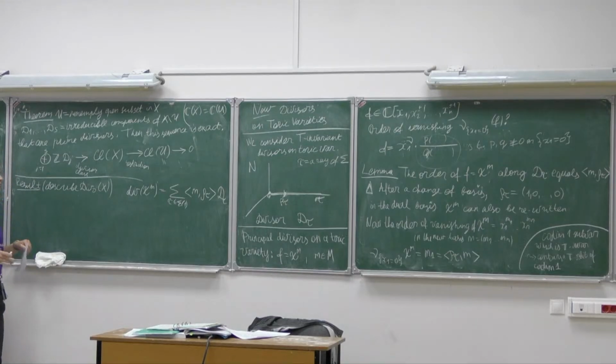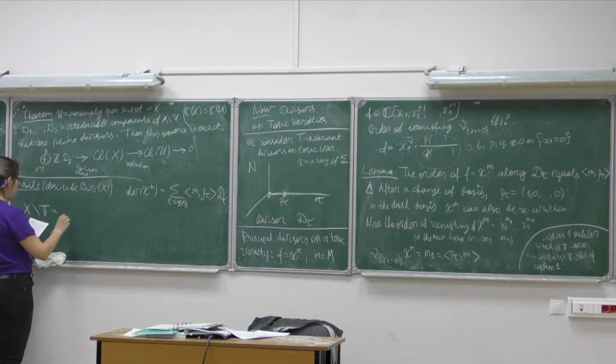So what do we need to say? We need to say that the difference X set minus the torus is the union of d tau.